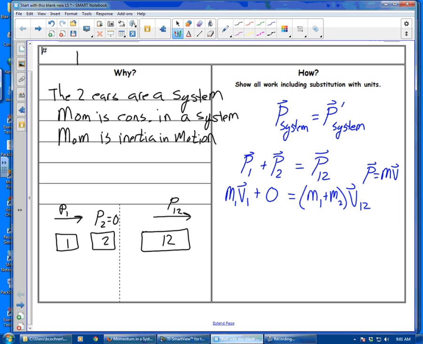So, M1, 9,300 kilograms. V1, 21 meters per second equals 9,300 kilograms plus M2 times 13 meters per second. Oh, good. All I have to do is the math, right? Get M2 by itself.